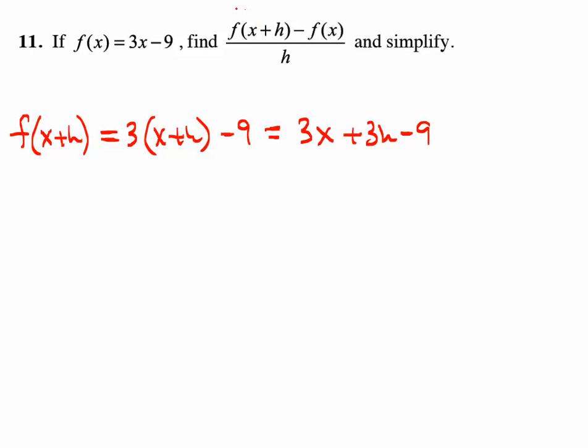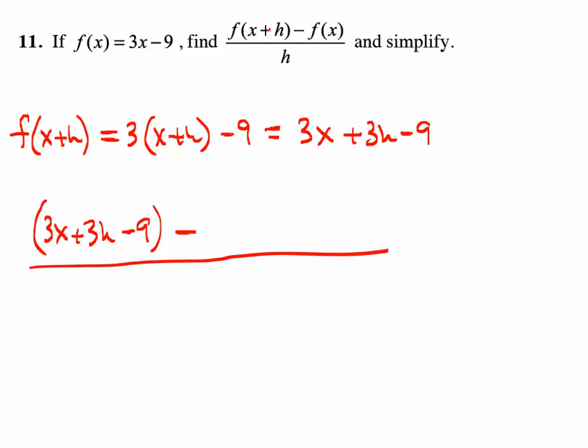Right, I'm going to plug that in because now I just figured out what f of x plus h is. So there's my f of x plus h. Subtract the original function, f of x, over just h itself. Let me give you a little bit of a shortcut here.